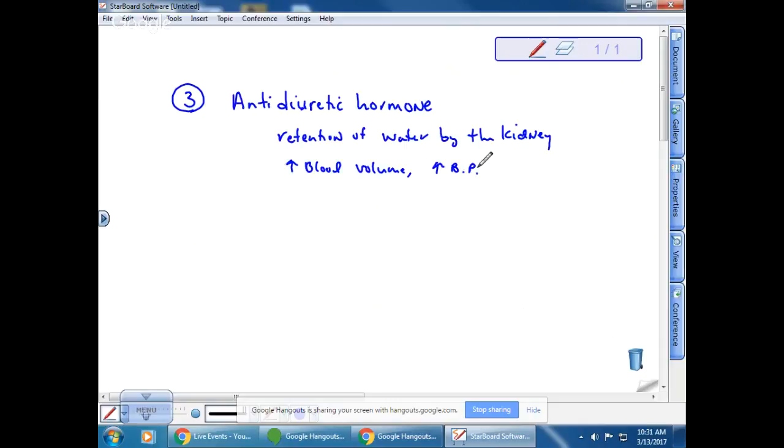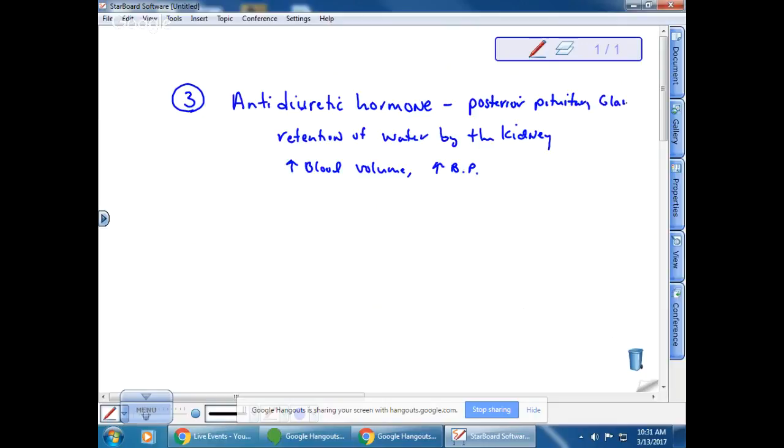So if I don't drink enough water, then I get really thirsty and I just think I need to drink. But if I can't drink the water, even though I'm thirsty, then my body produces antidiuretic hormone. And I forgot to mention where this was produced. This is produced by the posterior pituitary. And so that's up near the brain.